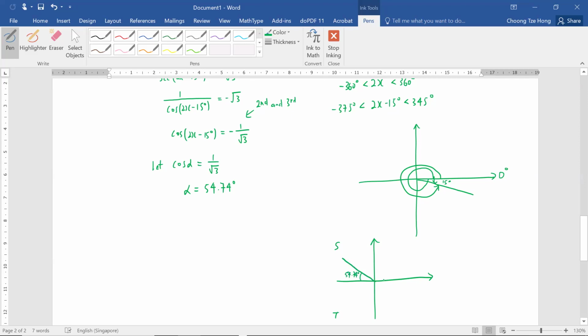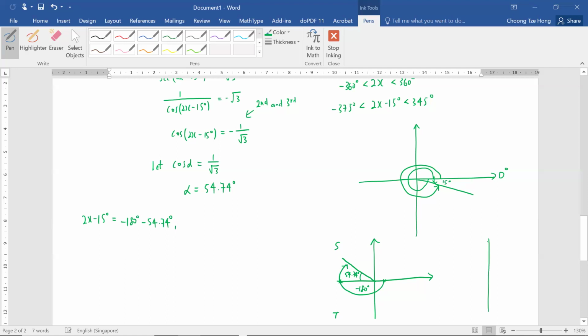If we go in the negative direction, we go negative 180, then a further negative 54.74. So the first angle is negative 180 minus 54.74.